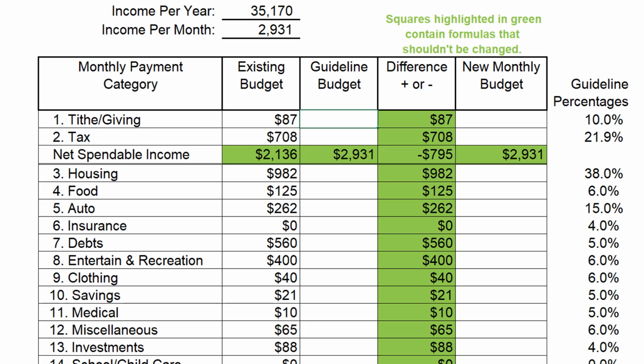The next column to the right on this form gets a little more complicated. The sets of guideline percentages created by Larry Burkett and Crown Financial Ministries can give an idea of what might be considered normal for a spending plan. Please recognize that these guidelines are not commandments handed down to Larry Burkett by God carved into stone tablets.